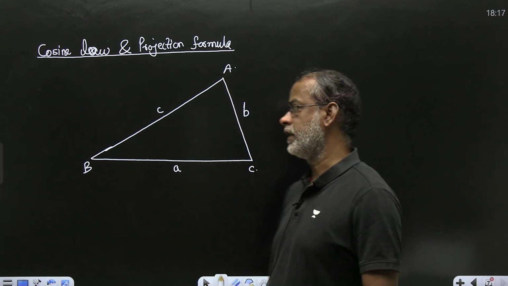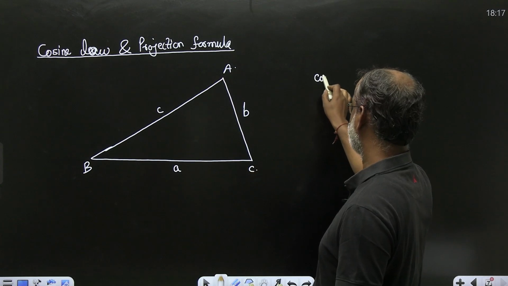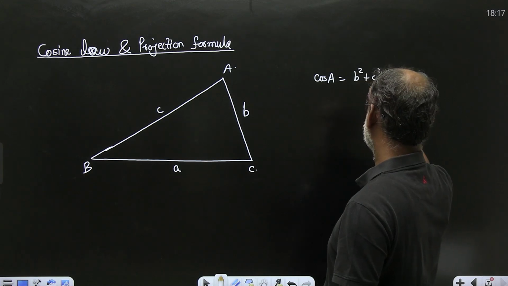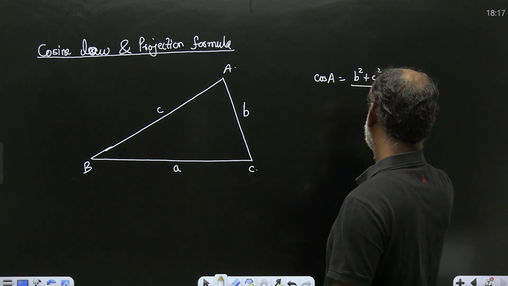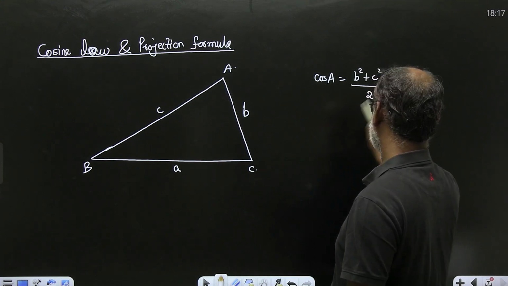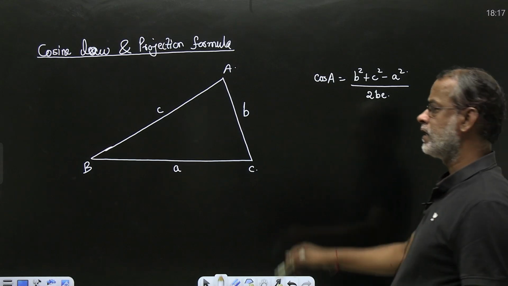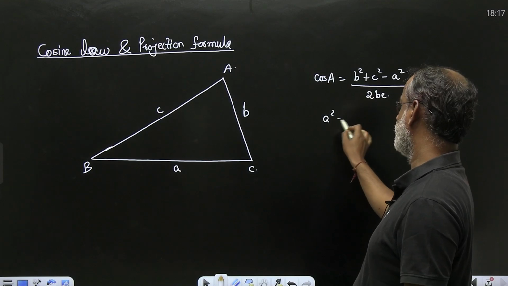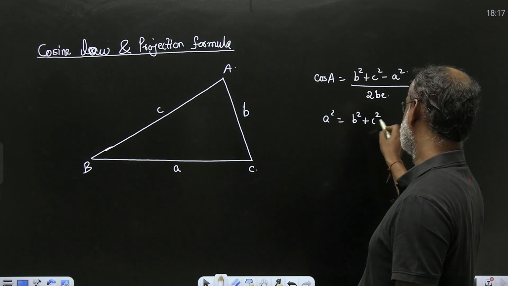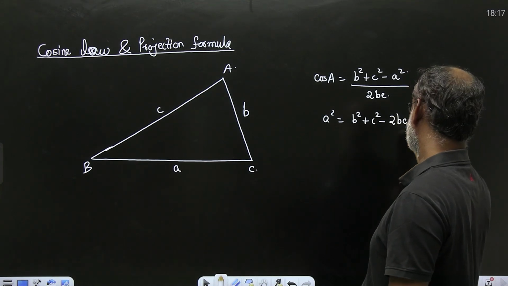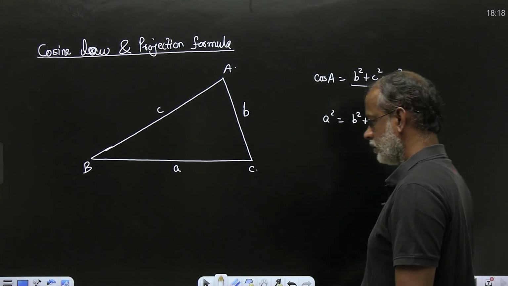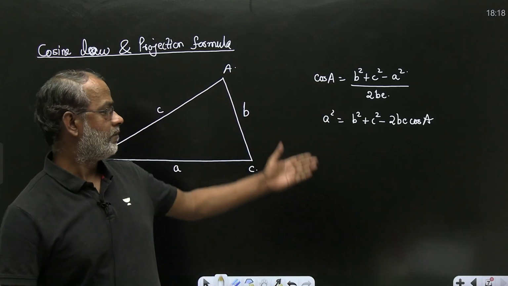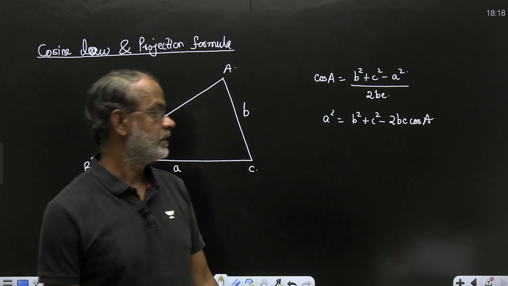Okay, so cosine law says cos A is... and in a similar vein you can write it as a square is b square plus c square minus 2bc cos A. People may write it like this, people may write it like this.